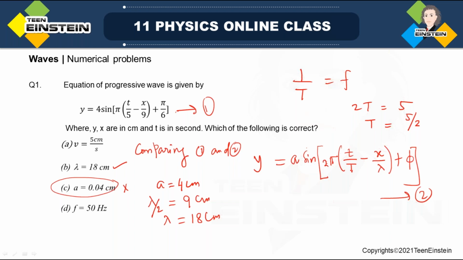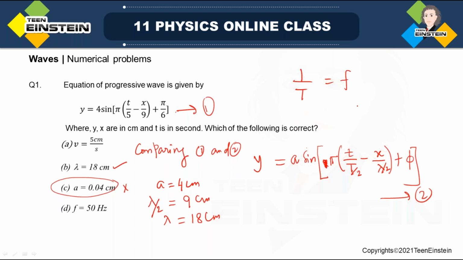Pi into 2 by t. So, just a minute. Better if we write this 2 here and it is here. So this will serve your purpose.